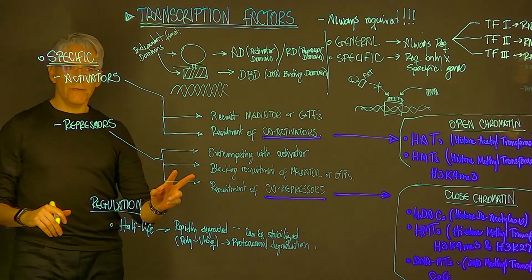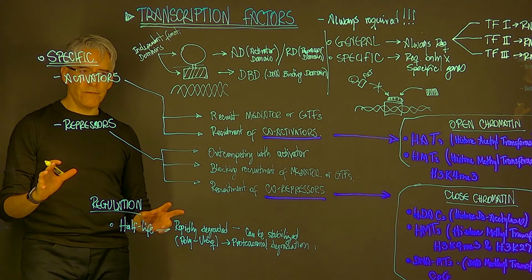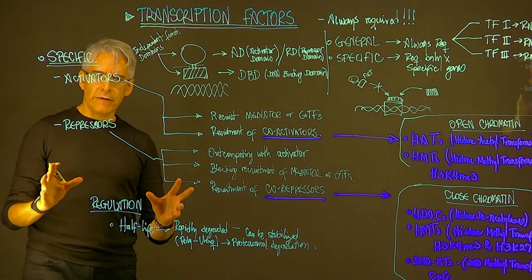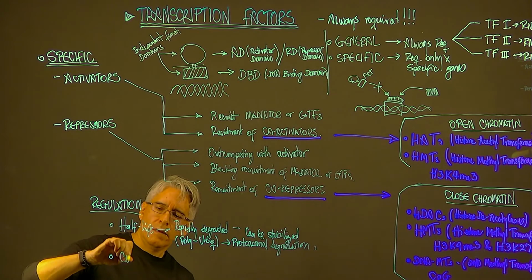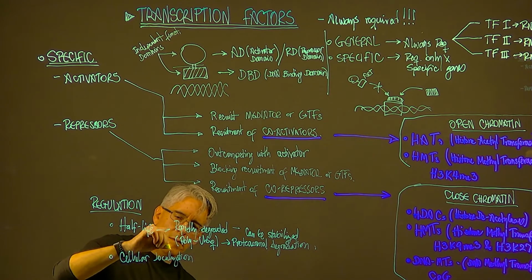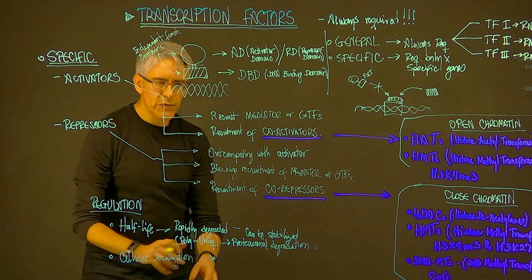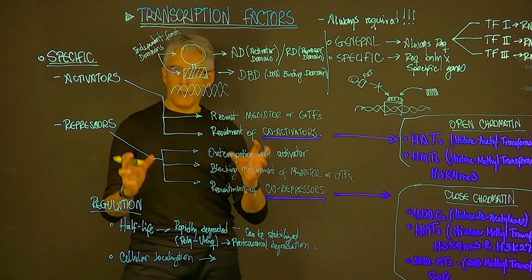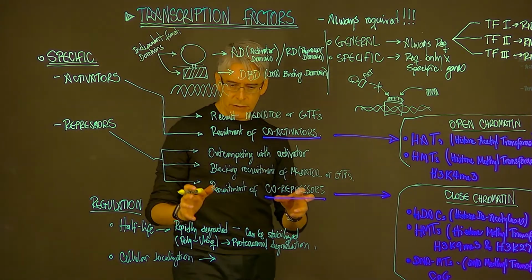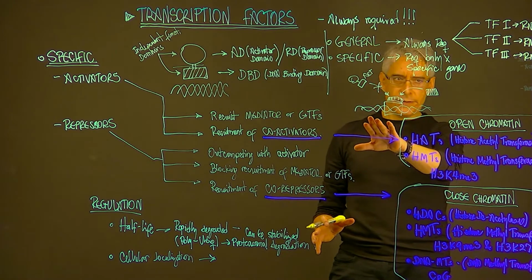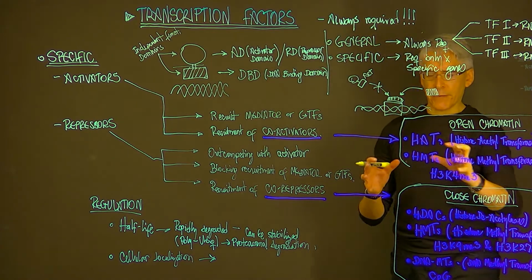The second mechanism to regulate the activity of specific transcription factors is by regulating the cellular localization of these factors. Now, transcription factors, to be active, need to be localized in the nucleus, because that's where DNA is located. So that's where transcription actually takes place.